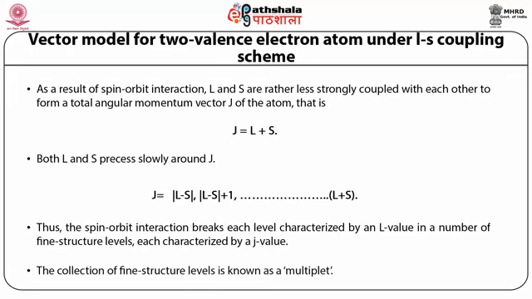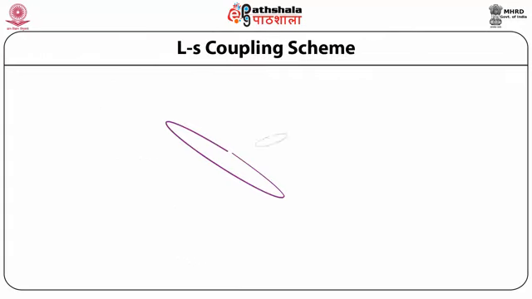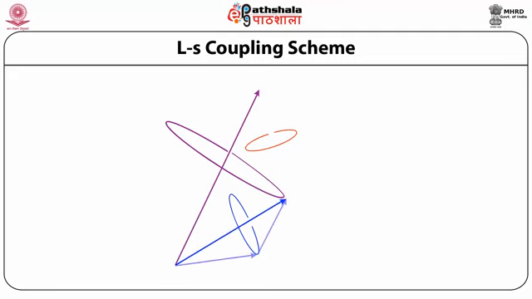The collection of fine structure levels is known as a multiplet. So, the figure depicts the LS coupling, where we have already described that these capital L and S, the resultant of them, give the J.